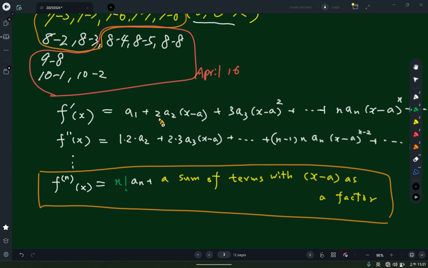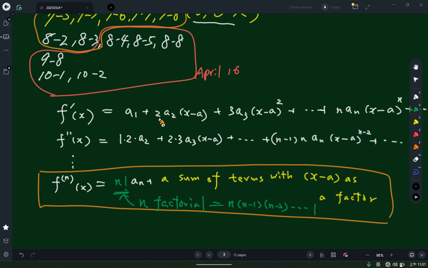Here we will encounter n factorial. N factorial means n times (n minus 1), (n minus 2), down to 1.